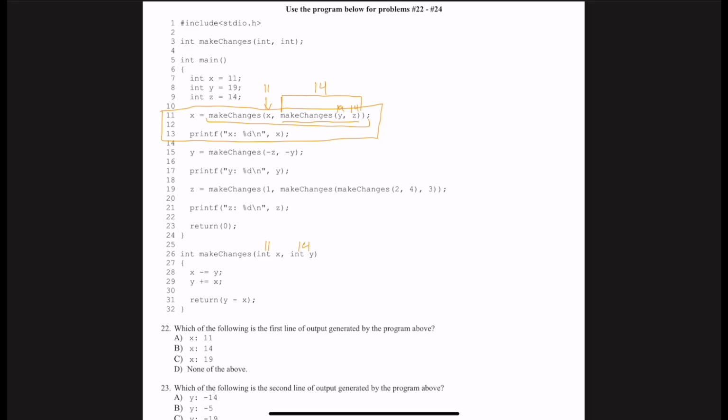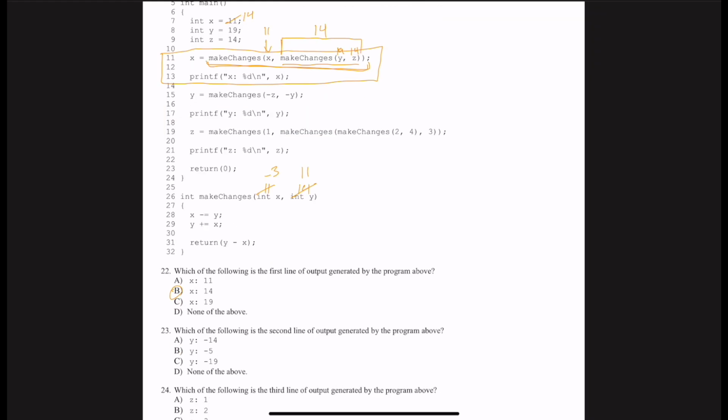So x minus equals y, x is negative 3, y plus equals x, y is 11, return y minus x, that's going to be 14. So this whole thing right here is going to be 14, so x equals 14 now. All right, so our answer is B for 22.